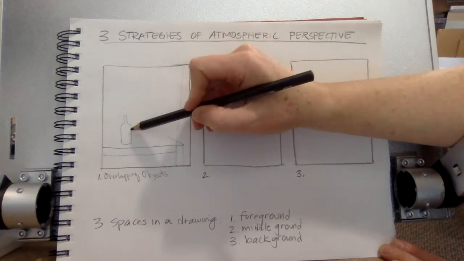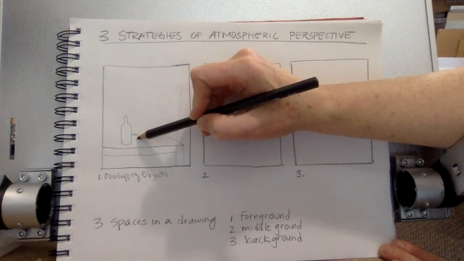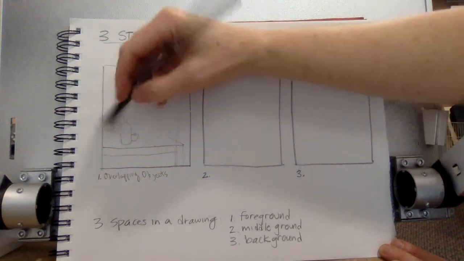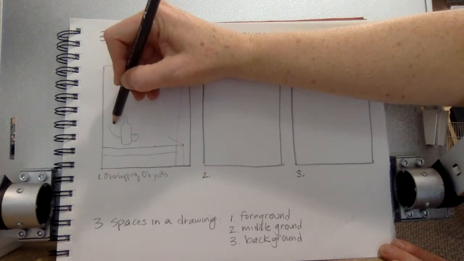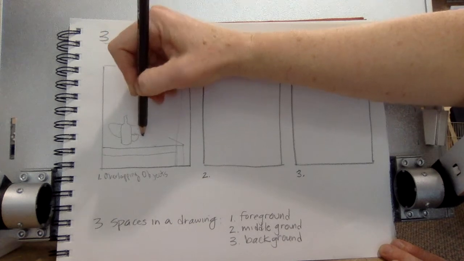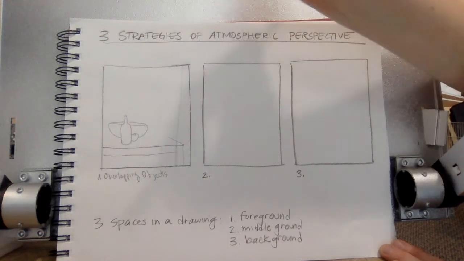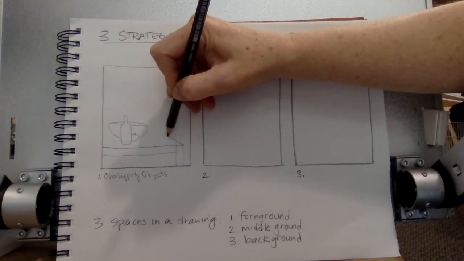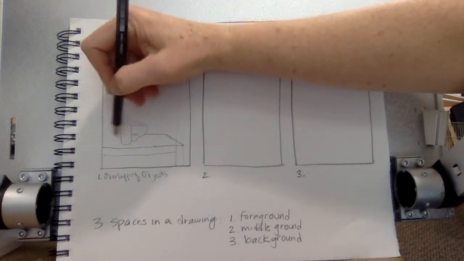Maybe behind the wine bottle I have an apple, so it's cropped by the wine bottle. Then maybe behind both of those there's a big bowl, and you can see the back edge of the table disappears behind the bowl and comes out here.